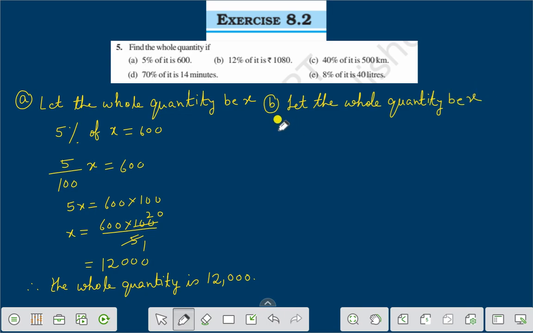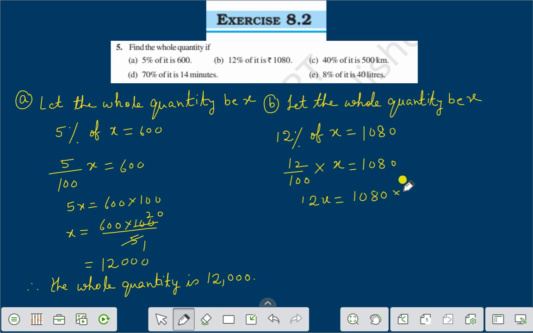According to the question, 12% of x is equal to 1080. 12% means 12 by 100, of is multiply, x is equal to 1080, or you can write 12x is equal to 1080 into 100.